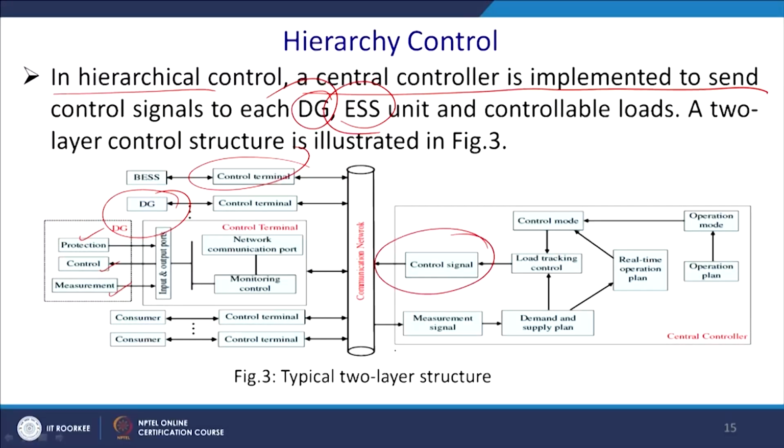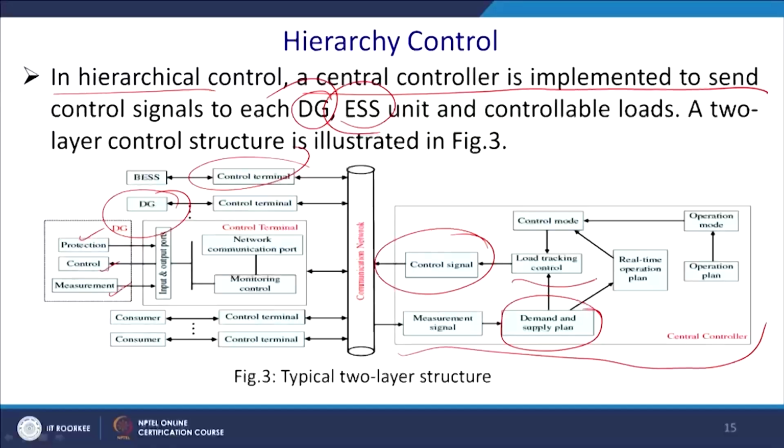This is the brain of the hierarchical control. Now, you have measured all the signals, demand and the supply plan. You see what you get from the sources and what is the demand or the load at the time.